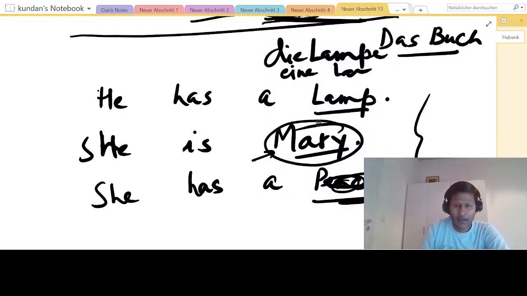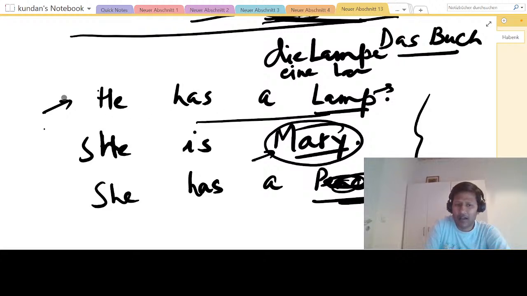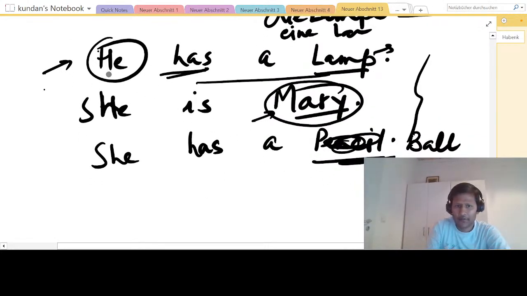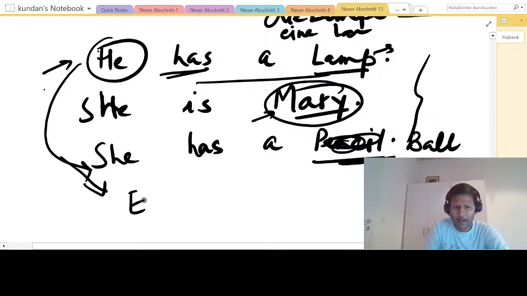Now, he has a lamp, right? So this lamp is die Lampe, oder? Eine Lampe. There will be no change because this is in which case? This is in accusative, right? Let me make a sentence. For the first one, I will say er.